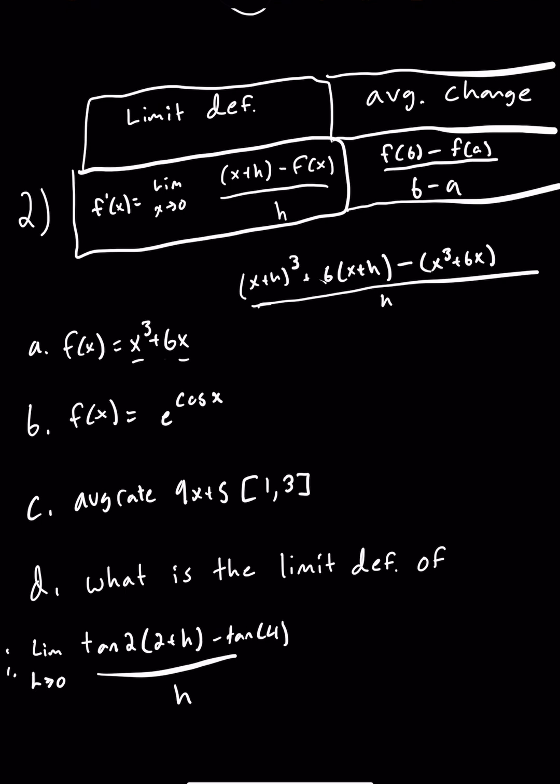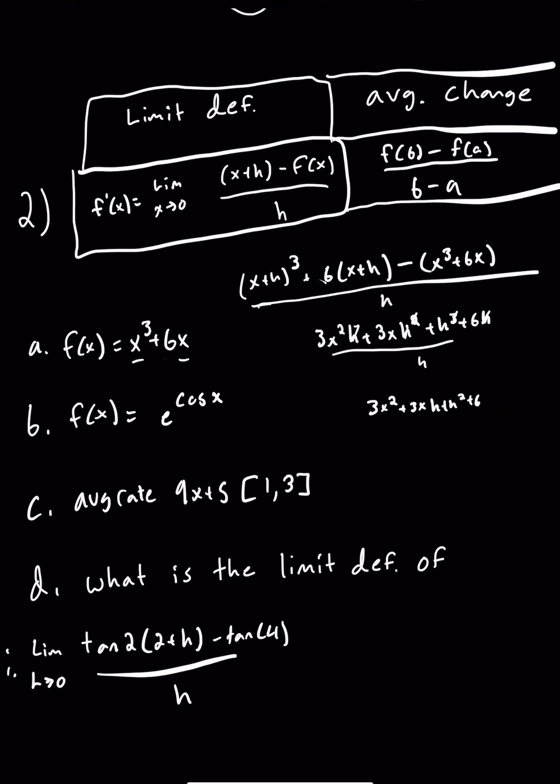Now when we FOIL this out, it's going to end up being 3x squared h plus 3x h squared plus h cubed plus 6h. Then we divide by h, which cancels one of these h's, and that gives you 3x squared plus 3x h plus h squared plus 6.